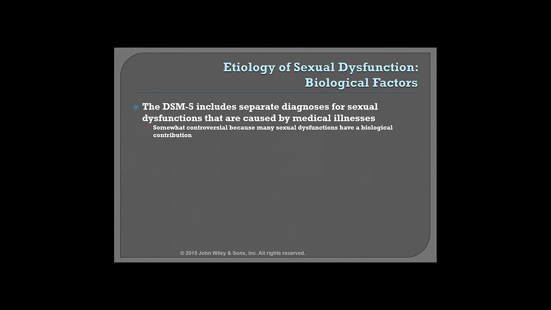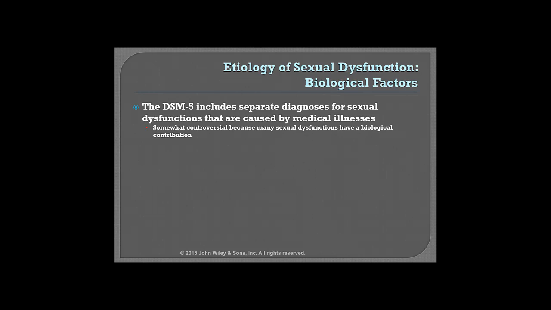What role do these biological factors play? And then does interpersonal therapy or talk therapy help? So this has been a bit of a challenge when we think about sexual dysfunction. But what are some of these biological factors or diseases that can contribute to sexual dysfunction?